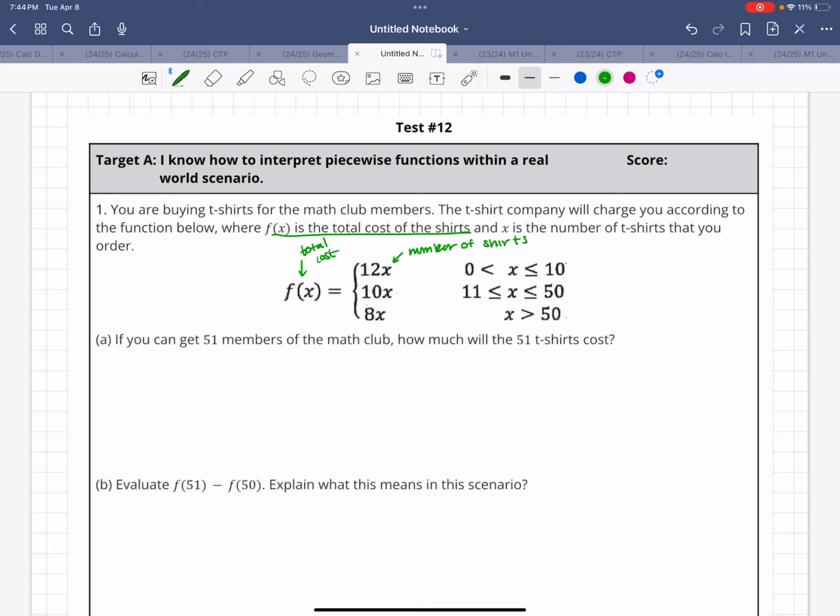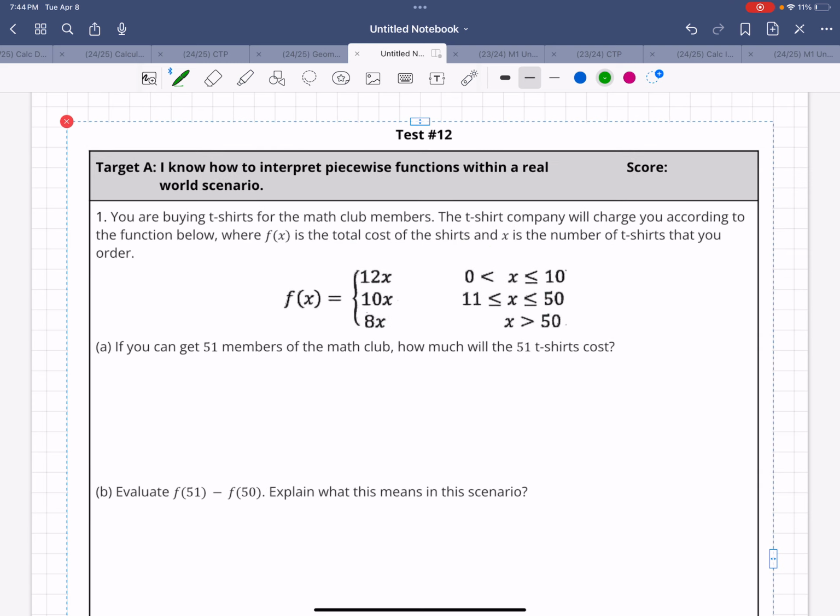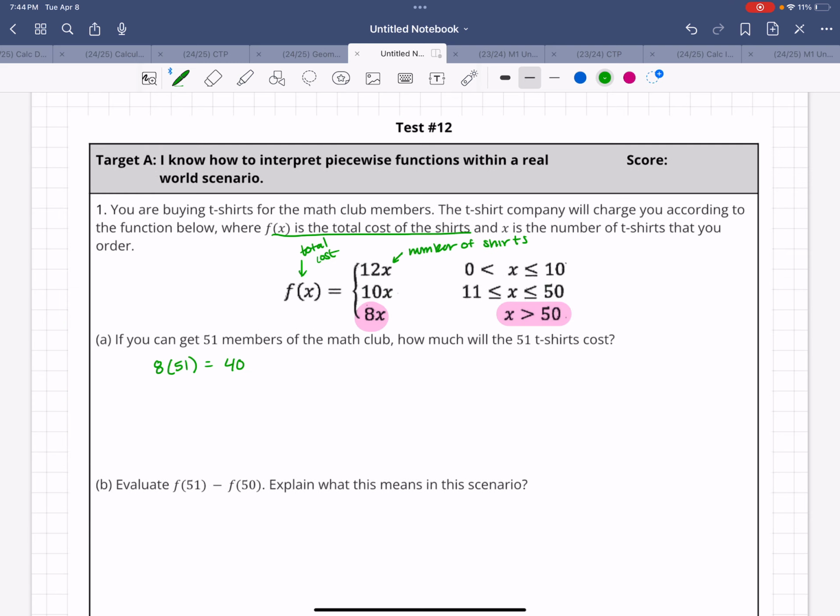And so we're going to use our inequalities. 51 is greater than 50, which means that I'm only going to be charged $8 per shirt. So 8 times 51 is going to be $408. Now, don't worry about doing this math in your head.